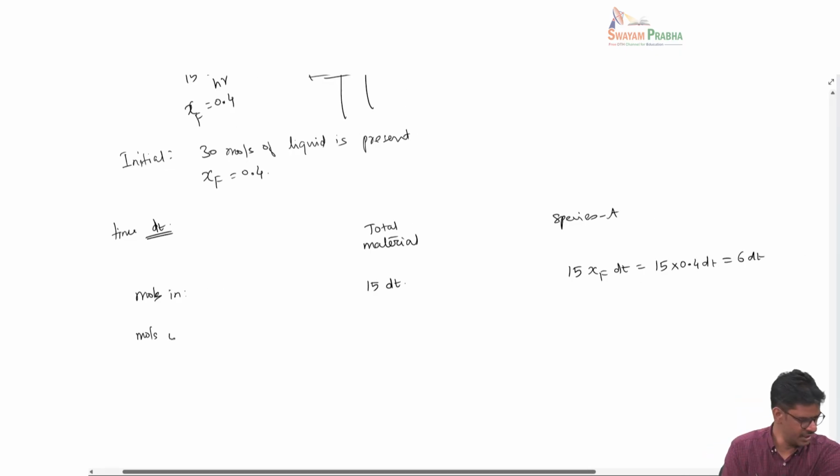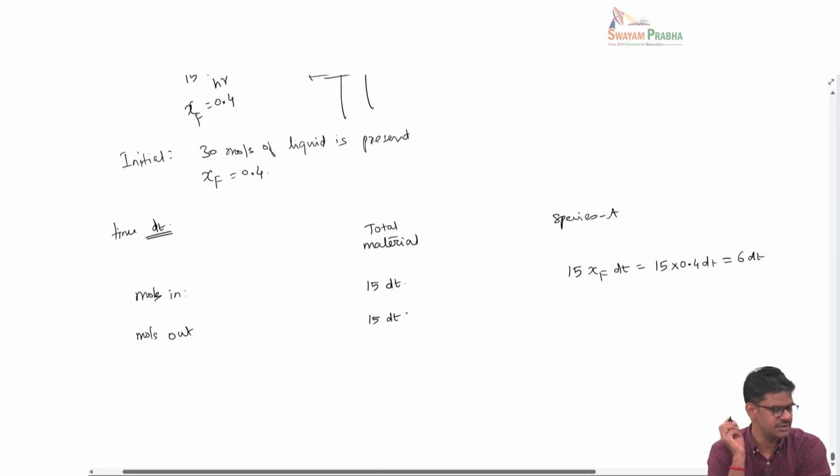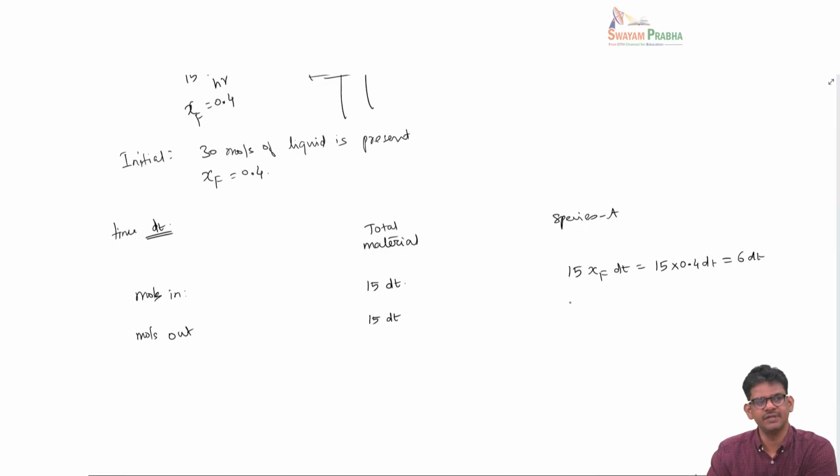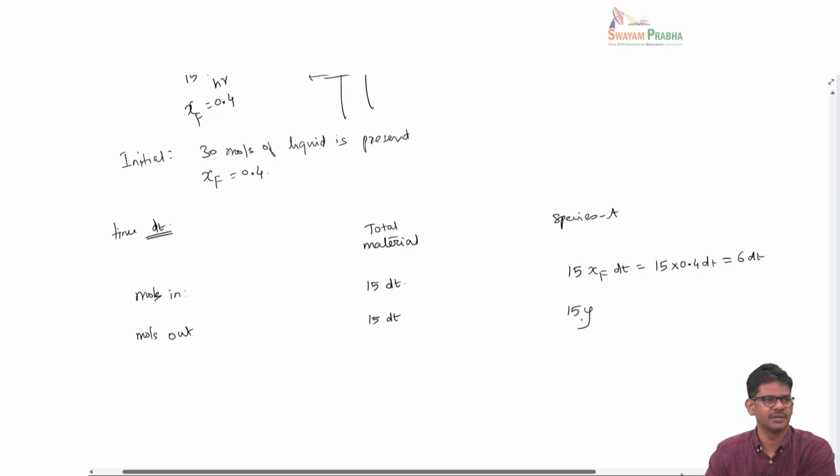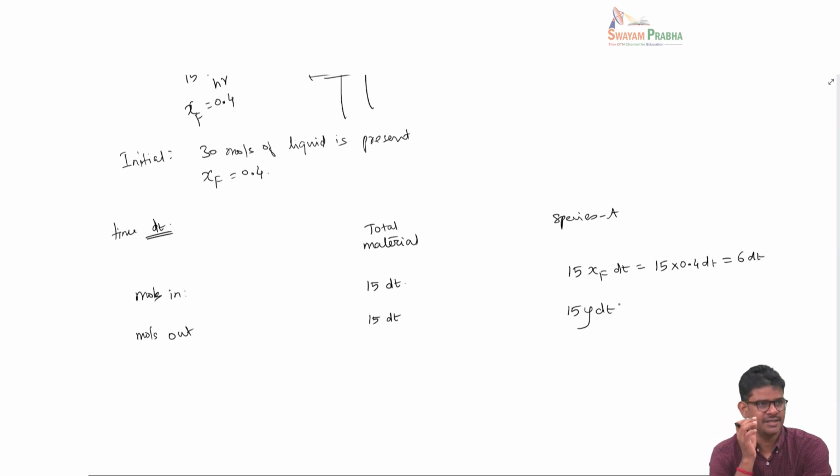And then moles going out. The moles going out is vapor from the system, also at the same flow rate. So we say 15 times dt. And the moles of A leaving in the vapor would be the molar flow rate 15 times its concentration y times dt. We do not know what y is, because y is a changing quantity. At that particular delta t there is a y; the next time interval you will have a different y, because the still composition keeps changing.